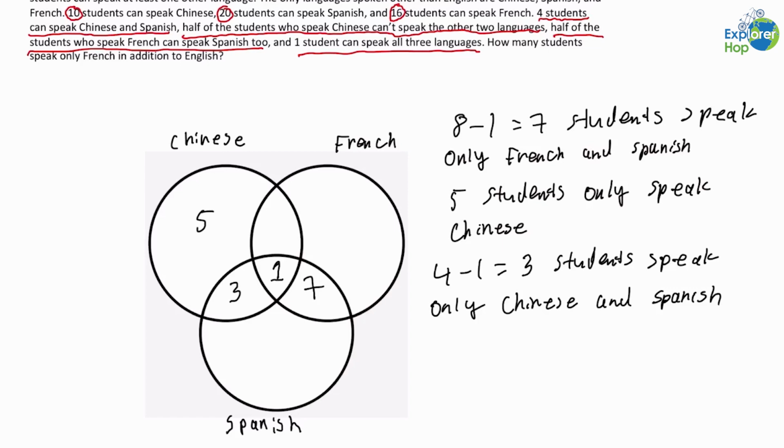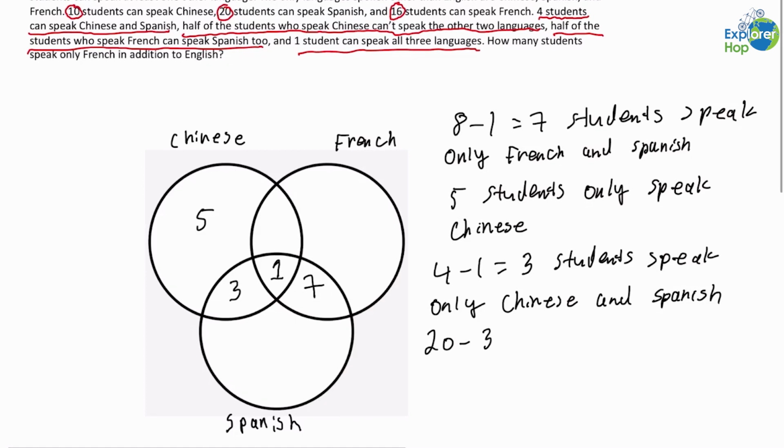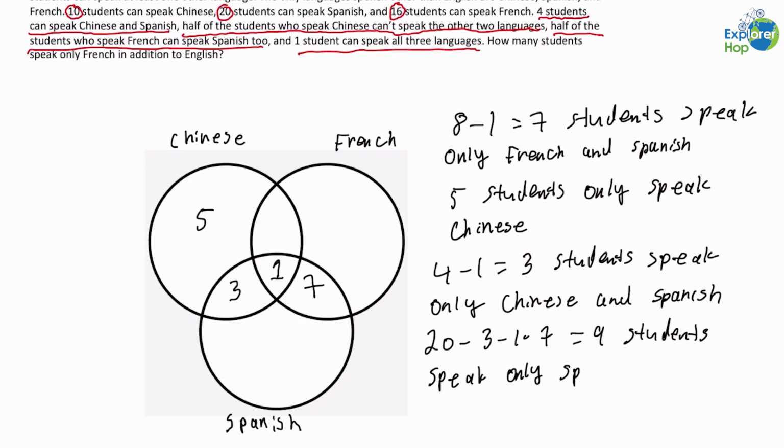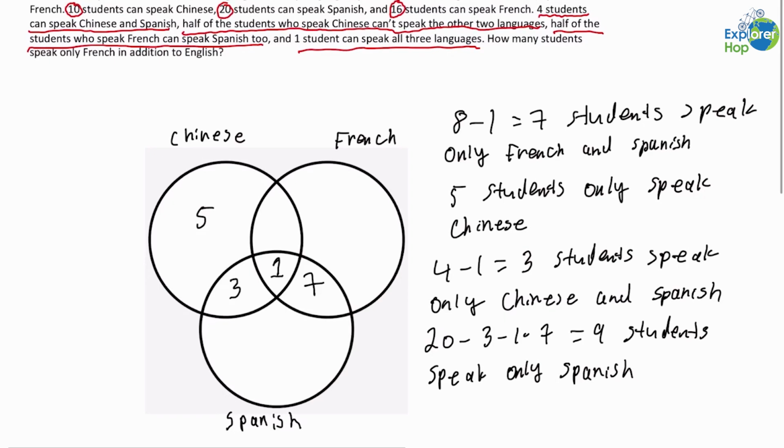So this means that 20 minus 3 minus 1 minus 7, which is equal to 9 students, speak only Spanish in addition to English. So we will write down 9 over here.